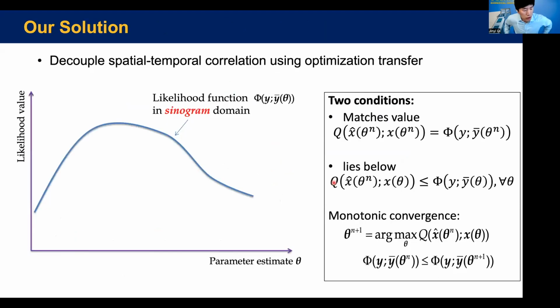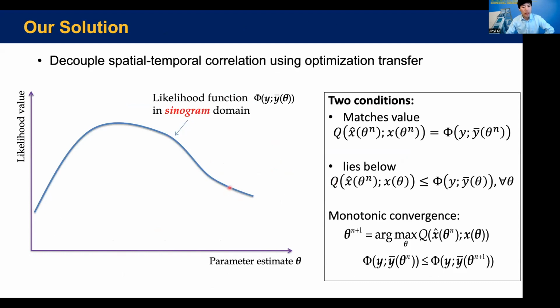So our solution to address this problem is to use the optimization transfer approach to derive a surrogate function to decouple this spatial-temporal correlation as well as the voxel-wise correlation.